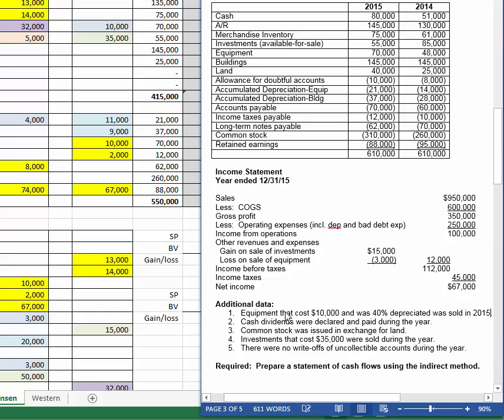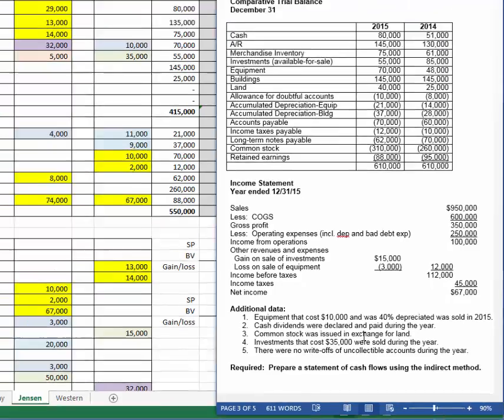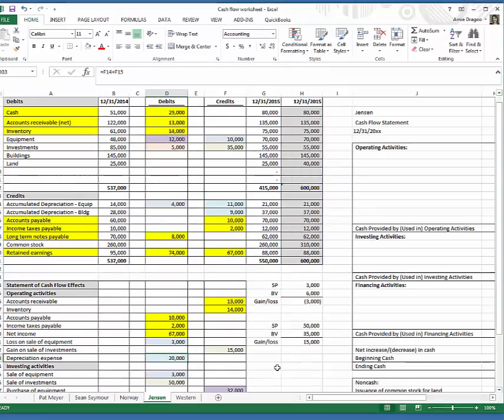So going back to the data for the problem, it says that common stock was issued in exchange for land. And so this is an indication that there was a non-cash exchange in this problem. So common stock wasn't sold for cash, all of it at least. Part of it was exchanged for land. So let's just look at the changes in those two accounts.